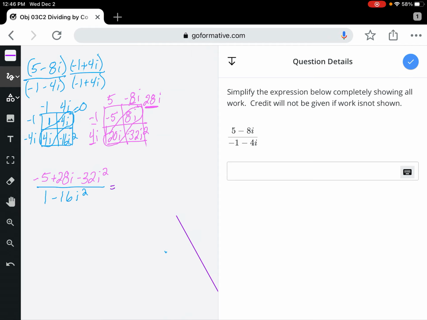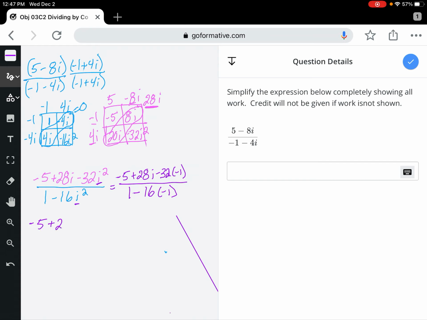Okay, so I go through, I change all of my I squareds to negative 1. So this is going to be negative 5 plus 28i minus 32 times negative 1 over 1 minus 16 times negative 1.